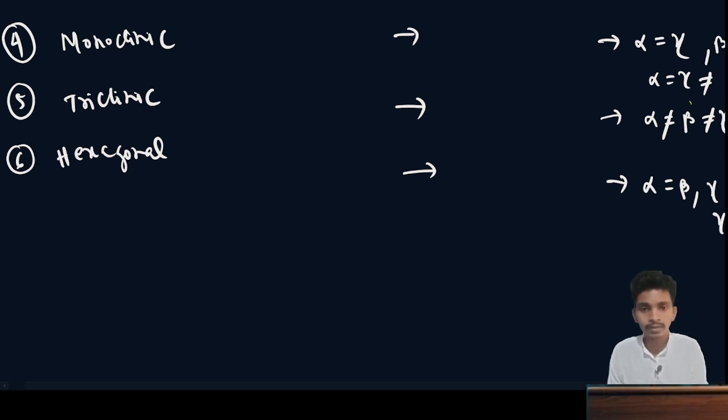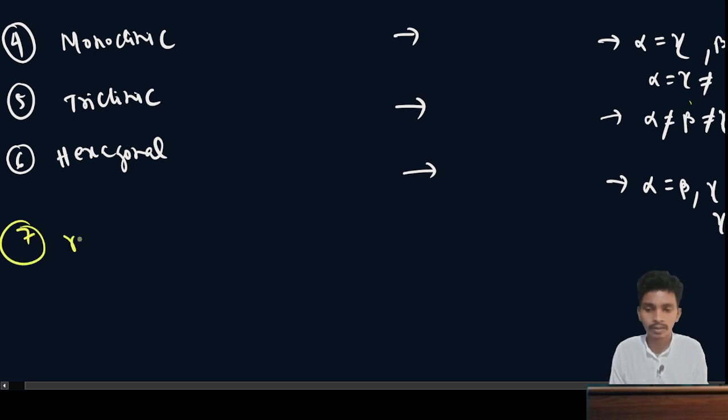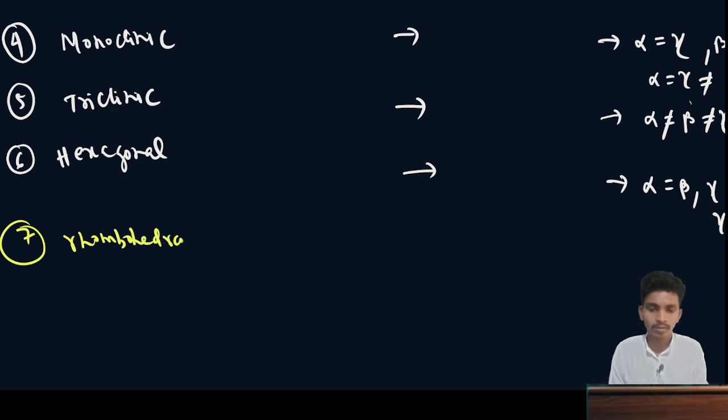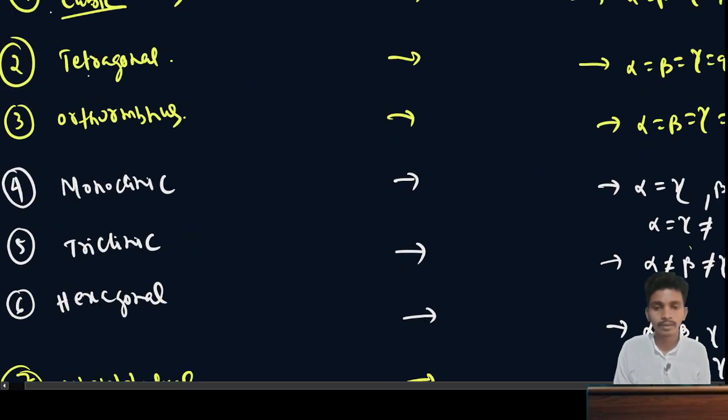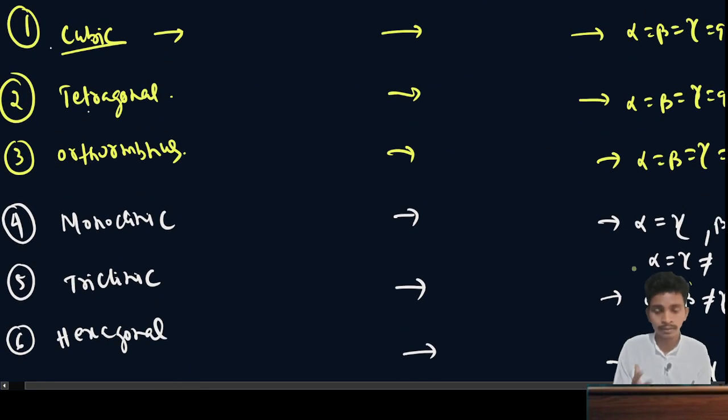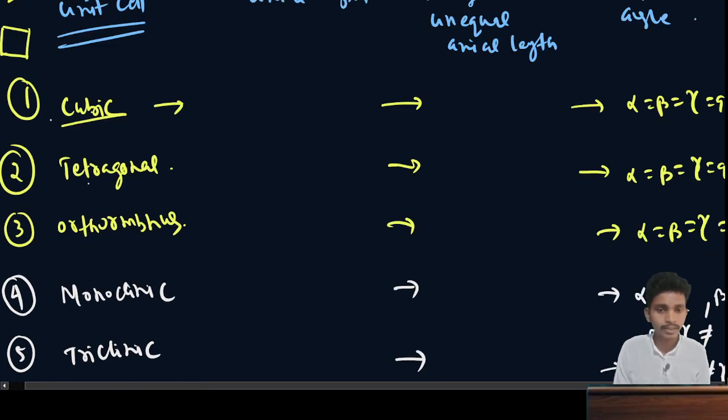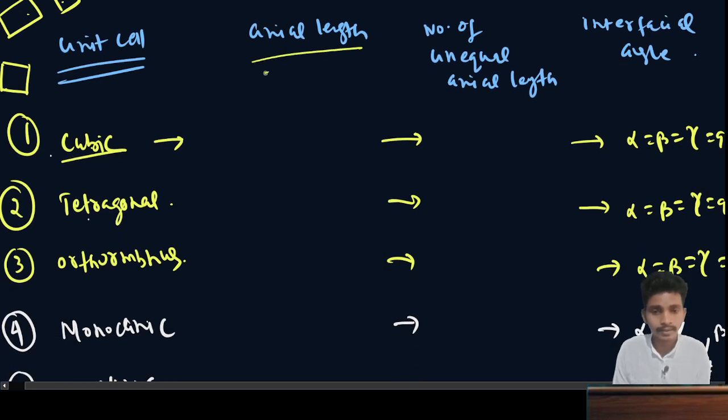And last we have rhombohedral, where alpha equal to beta equal to gamma. For rhombohedral all are equal, but not equal to 90 degree. So this is the order for crystalline solids, for axial lengths and interfacial angles.